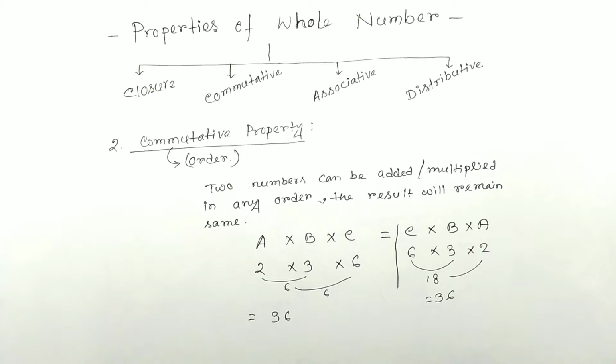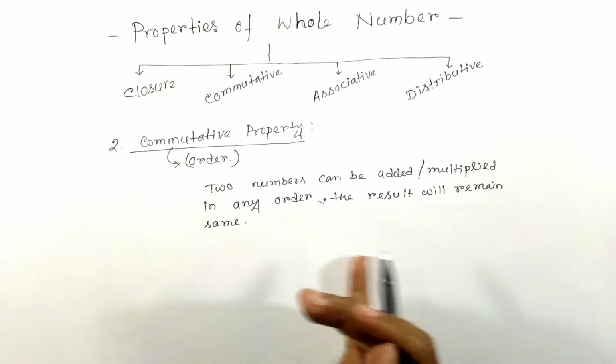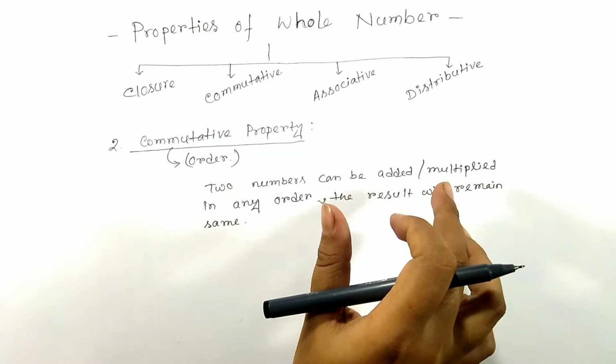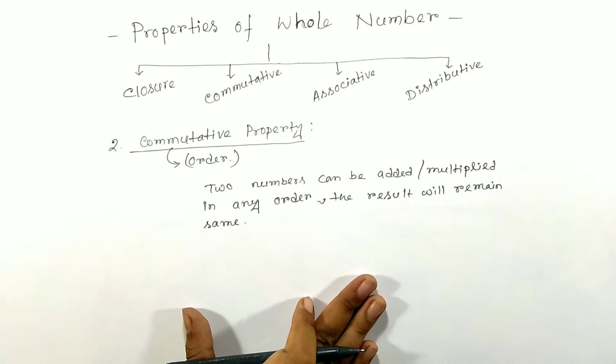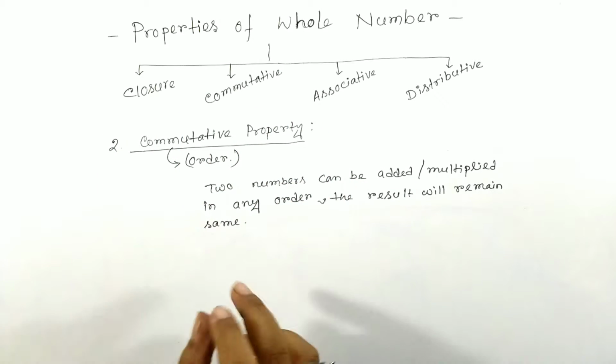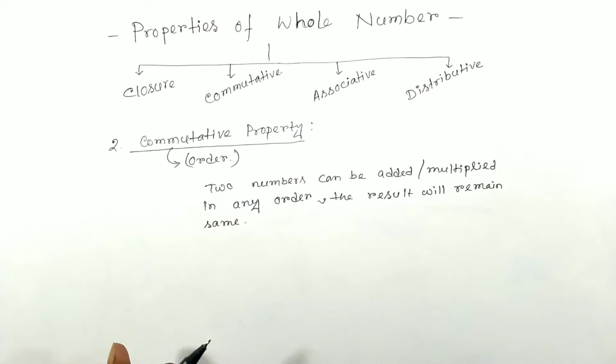So in case of addition and multiplication, commutative property states that the numbers can be added or multiplied in any order. The result will remain the same. But in case of subtraction or division, none of the properties is applicable. All the properties hold only for addition and multiplication. Suppose commutative property.